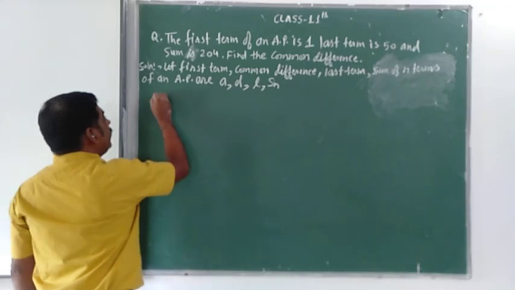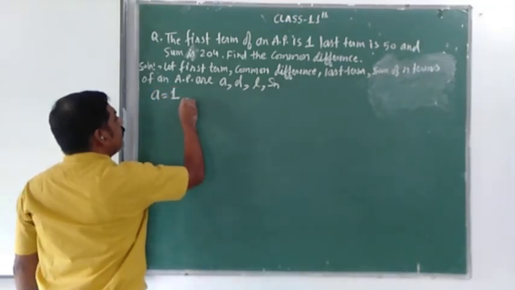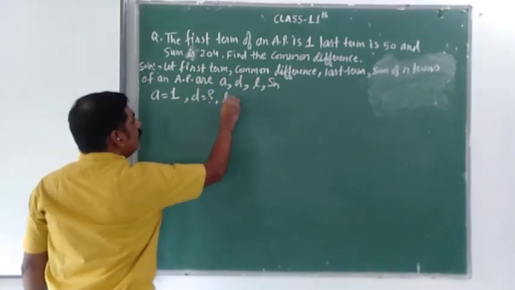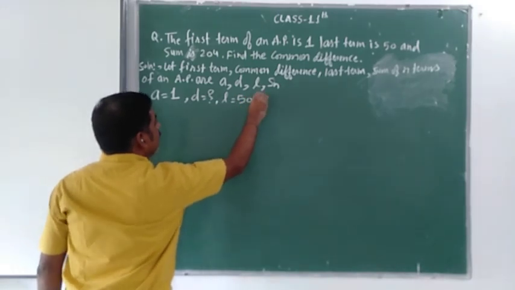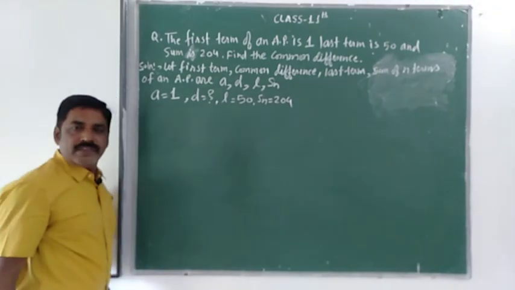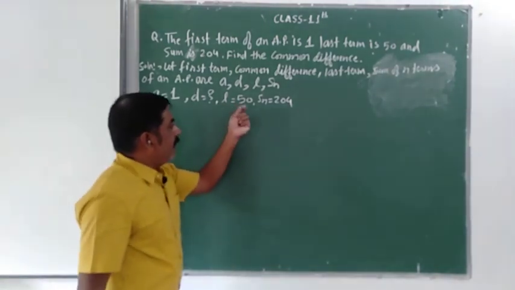Now what we have been given? a is equal to 1. d we have to find. l we have been given as 50. And Sn is 204. Right? So first of all, which formula do we have to apply?